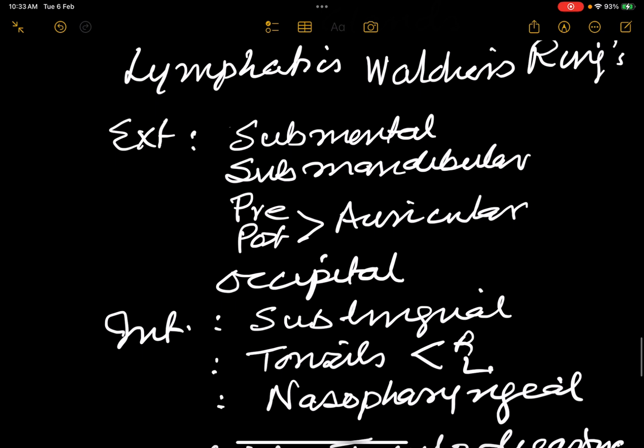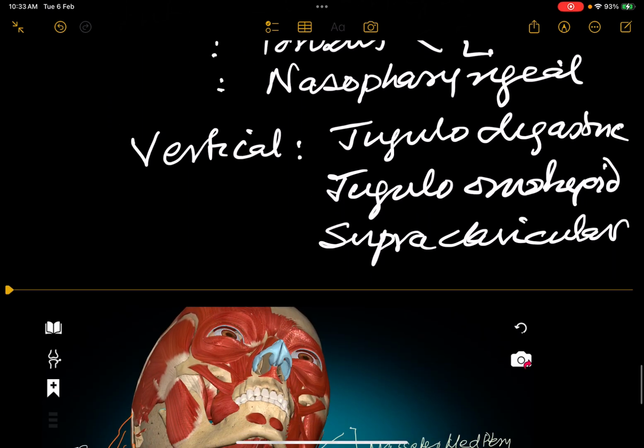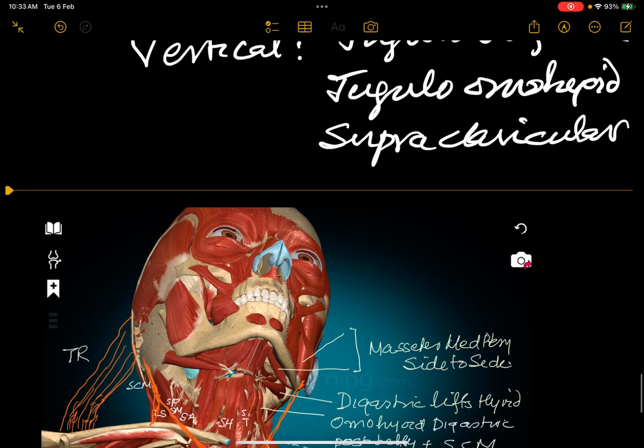Lymphatics are two rings. One is the outer ring, the other is the inner ring, and we'll place them on this diagram.